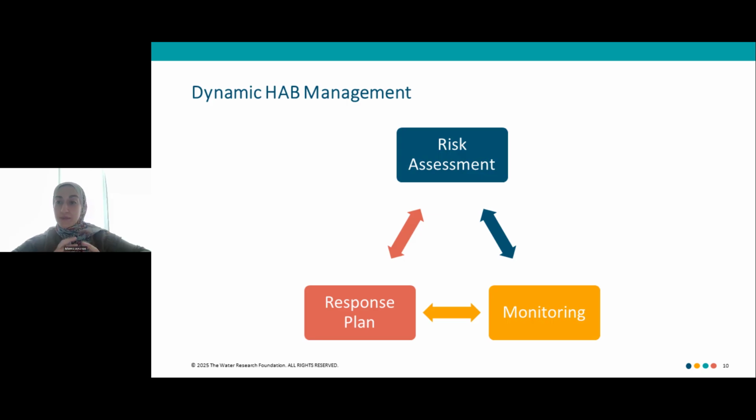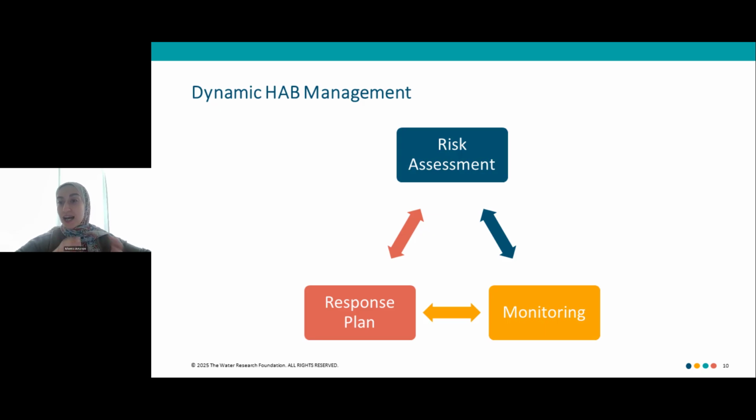And the output of that risk assessment is which risk level your utility is at, and that's going to inform directly which monitoring tool you should be using, the frequency of these monitoring tools, and also where you should be applying your monitoring, whether it's just at the finished water or maybe also to be included in the source water.